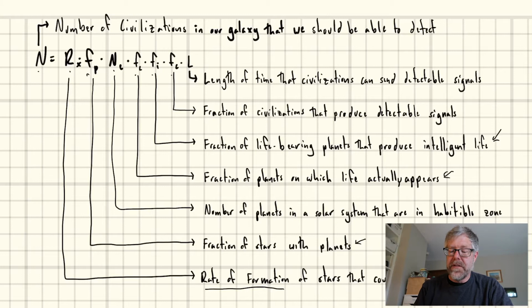fc is the fraction of civilizations that produce detectable signals. So you could argue that chimpanzees and dolphins are sort of intelligent life, but they're incapable of producing detectable signals. There could be a planet just over the horizon that has dolphins and chimpanzees on it, but we can't actually hear them because they're not saying anything.